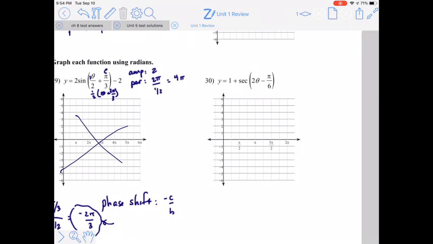Okay, for question 30, the period is 2 pi over 2, which is pi, and then the phase shift is negative c over b, so that's negative pi over 6 divided by 2. And divided by 2 is the same as multiplying by 1/2, so this is negative pi 12ths.